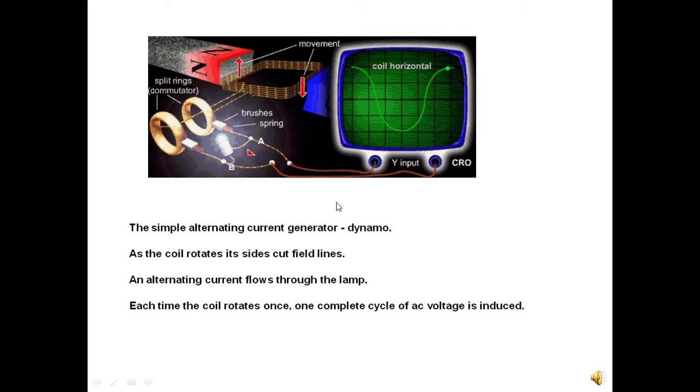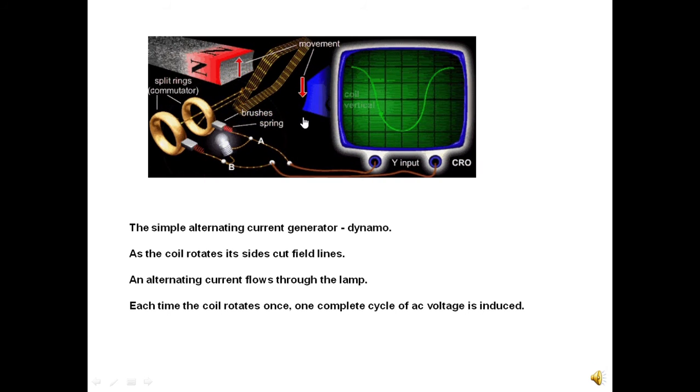Now it's important that we can see and analyze the different positions of the coil and the induced PD that is produced. So if we look here, this is the value of the induced PD at this point, and it's gone past the horizontal.